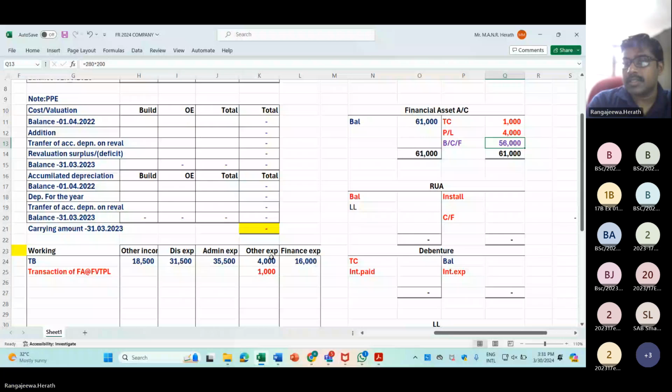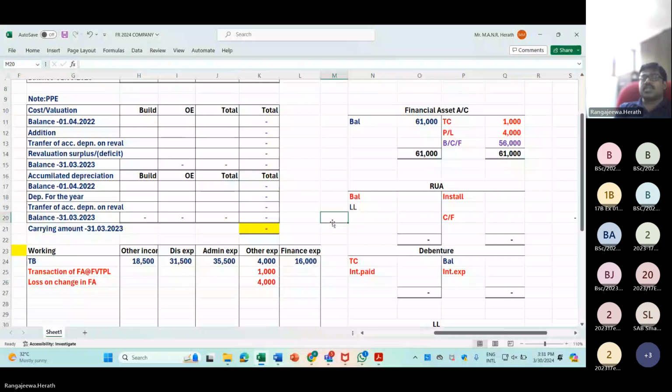Loss on change in financial asset 4,000. So the trial balance figure 61,000 includes transaction cost that has been capitalized.